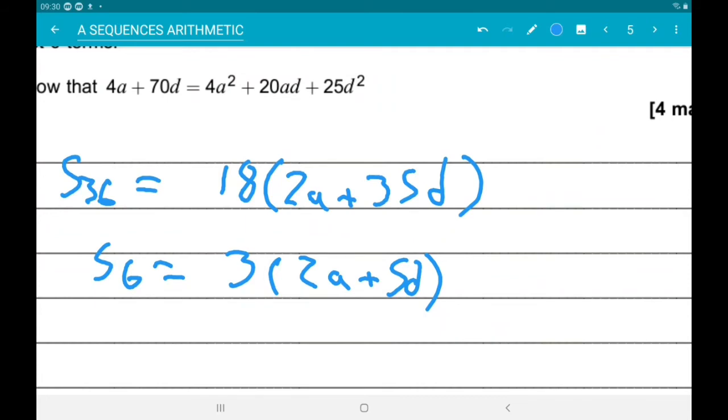So for the 36, we have 36a add 630d, and then for the sum to 6 we have 6a add 15d.